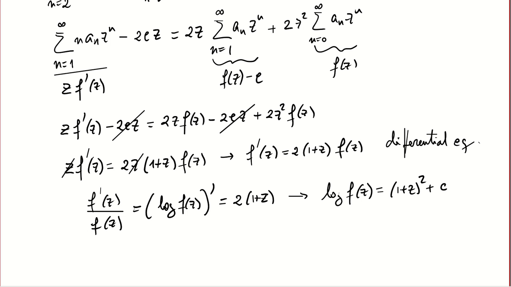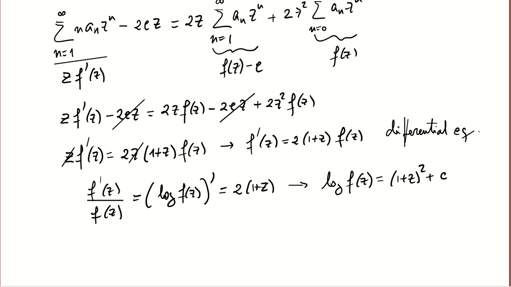Okay? How do we determine this constant? Well, we know something about f. If we calculate this for z equal to 0, what we have is the logarithm of f of 0, right? And if z is equal to 0, this is 1 plus c, right? But what is f of 0?